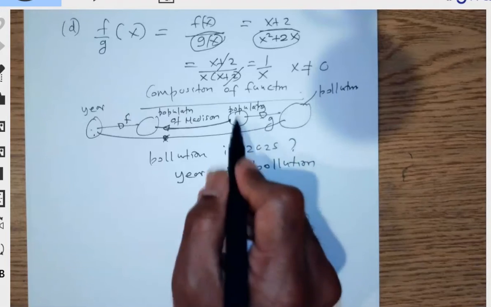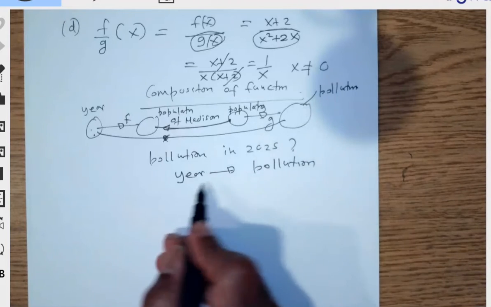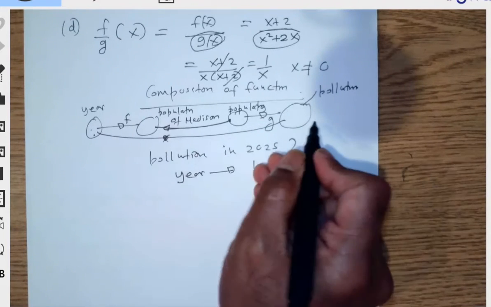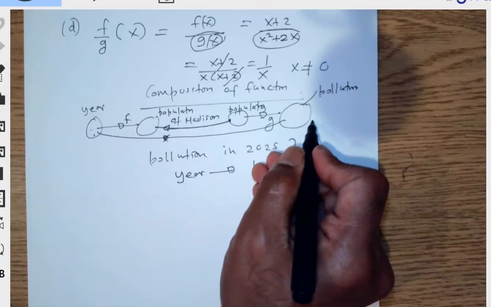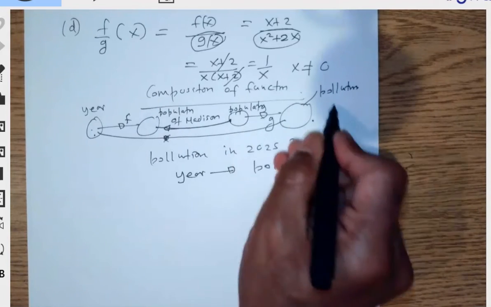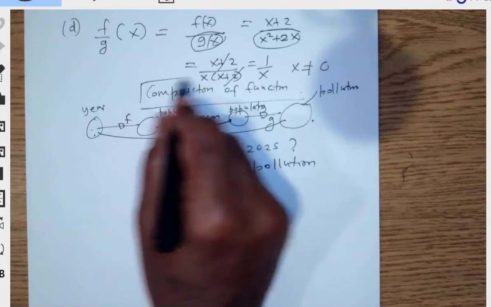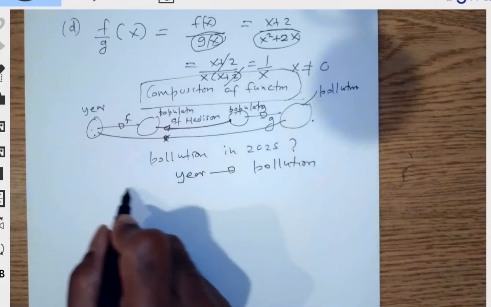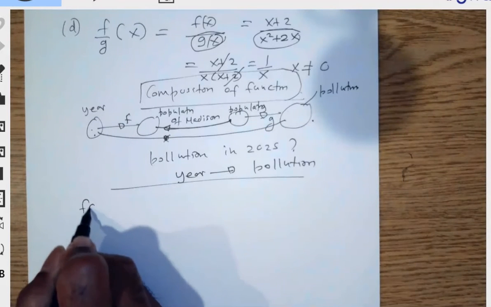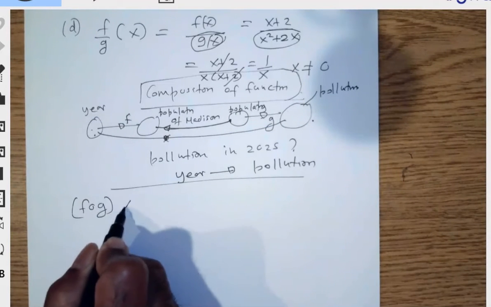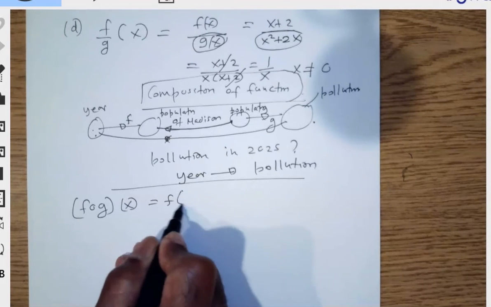So this is not a sum nor a difference nor a product or a quotient. We are trying to get these functions one inside the other, and that is called the composition of functions. So let's define it. We define f circle g of x as f of g of x.